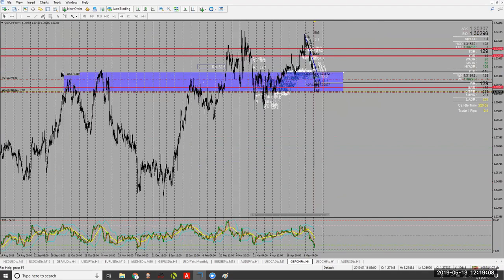We can see that this region played some resistance here, played some resistance here, played support here, played some support here.